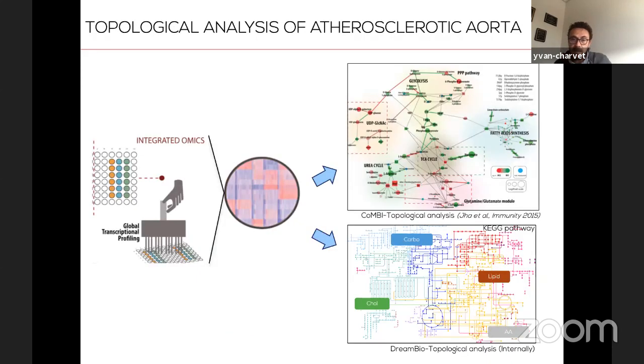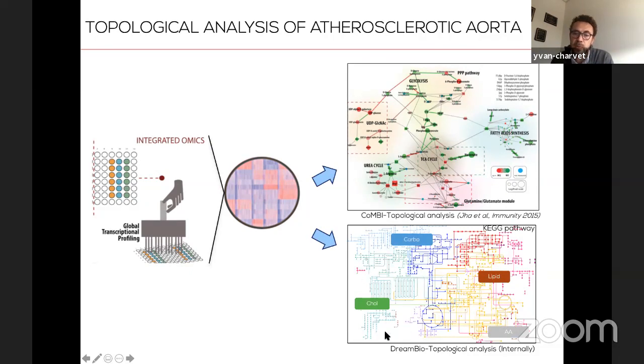As Connor showed you, we also use the tool from Max Artyomov, which is a topological analysis called COMBT1 topological analysis, or Shiny GAM also. Basically, you can feed any kind of data set into this bioinformatic tool, and you will get a map of all the genes that are up or down regulated.